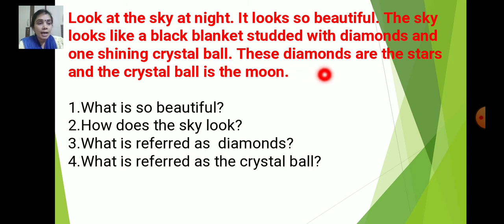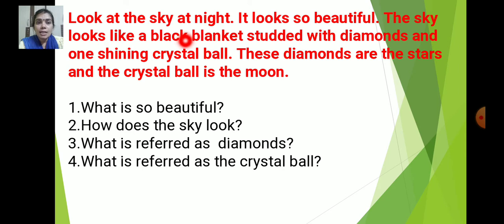These diamonds are the stars and the crystal ball is the moon. Now, reading the passage one time is not enough. We have to read one more time, or if you don't understand, you must read again and again till you understand the paragraph.